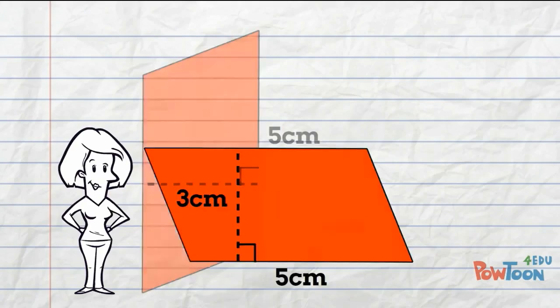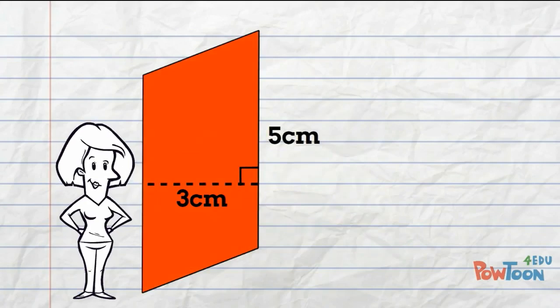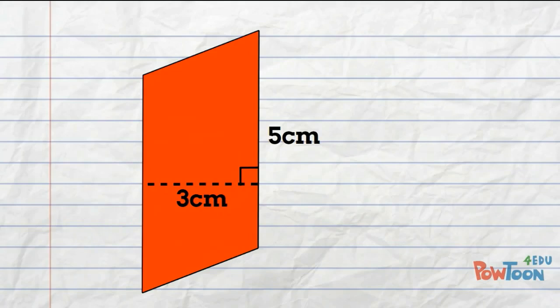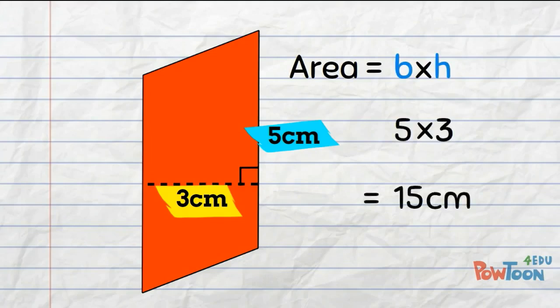It's just an image that has been rotated. Don't let it stump you. Okay, so our base measures 5 centimetres and our height is 3 centimetres. Area is base times height, so 5 times 3 is 15 centimetres squared.